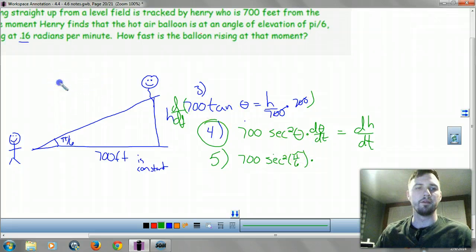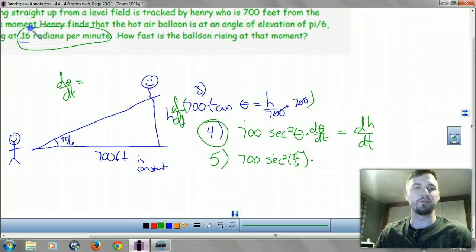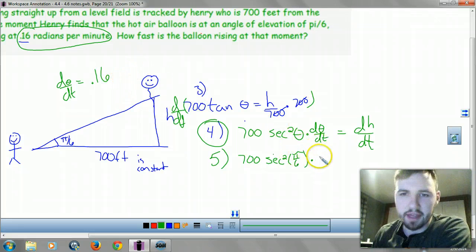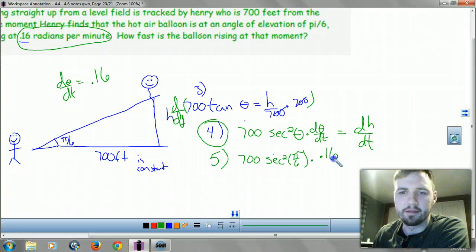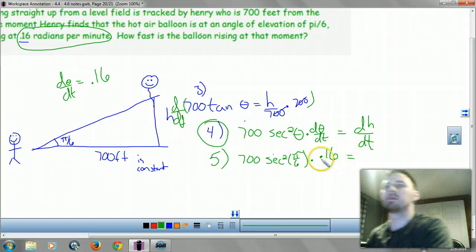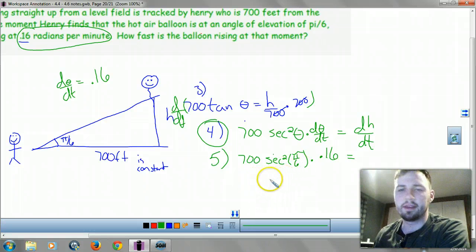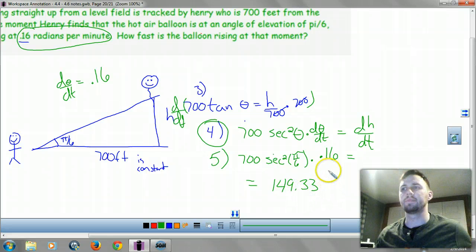Times, what was my d theta over dt? It was 0.16 radians per minute. So I plug that in for my d theta. And I plug this all into my handy dandy calculator, and I get 149.33.